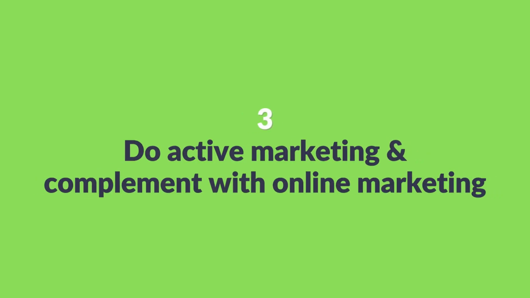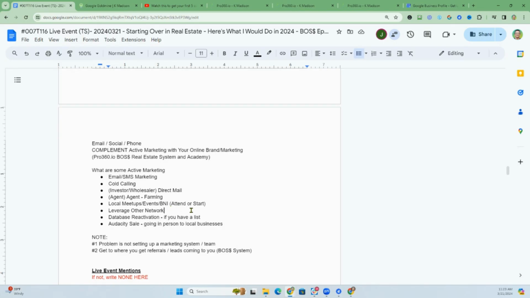The other thing that I would do, right, is complement active marketing with online marketing. The number one thing that I see people doing wrong when it comes to online marketing, because that's my specialty, is that real estate professionals in particular try one marketing for a couple of months, then they stop, or for whatever reason go on to another marketing, and then you chase another marketing, and you do that throughout many years.